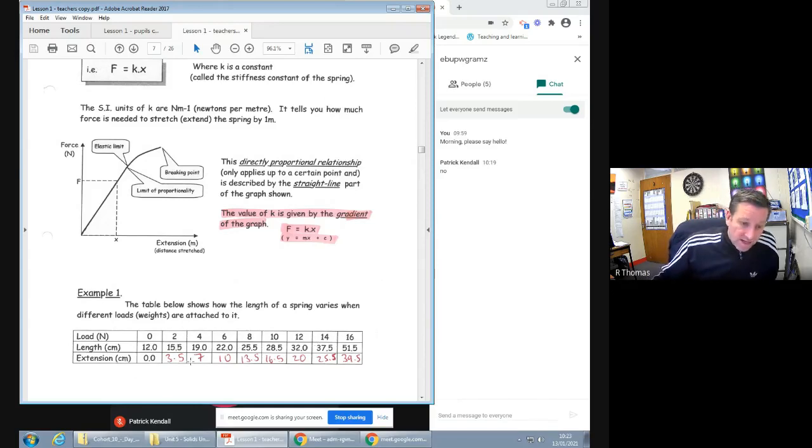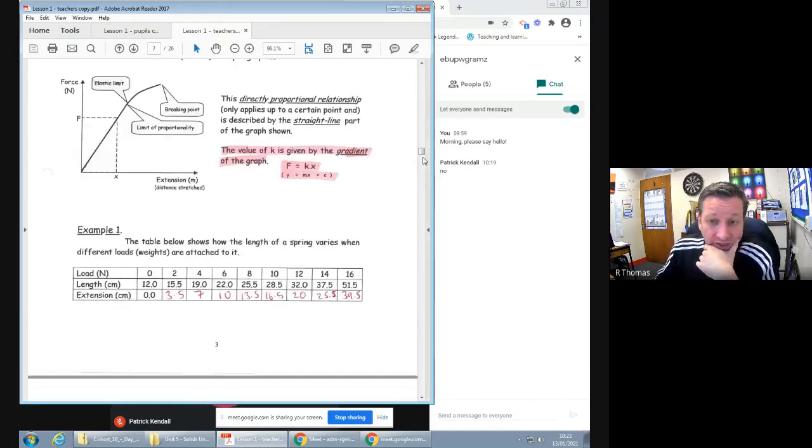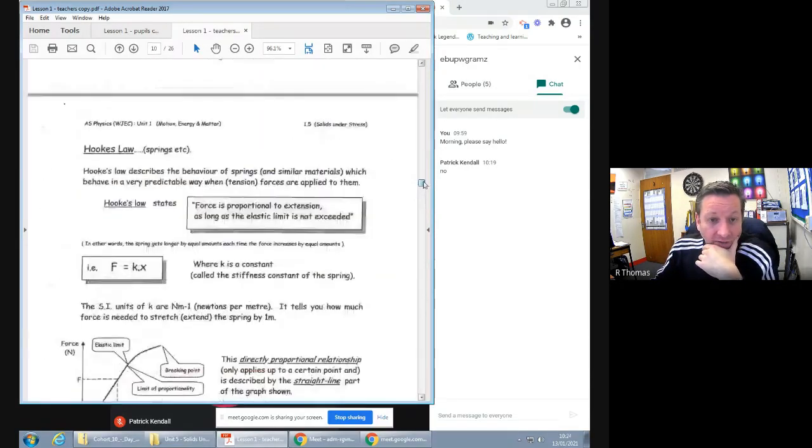To get the extension, I need to subtract the original length of 12 from the new length, so that's how these numbers in red are appearing every time. I would have wanted you to have done this exercise for me. So I'll repeat that: to get the extension, just subtract 12, the original length, from every new length as a weight is added. And then over the page, I'm going to ask you to plot that graph, okay?